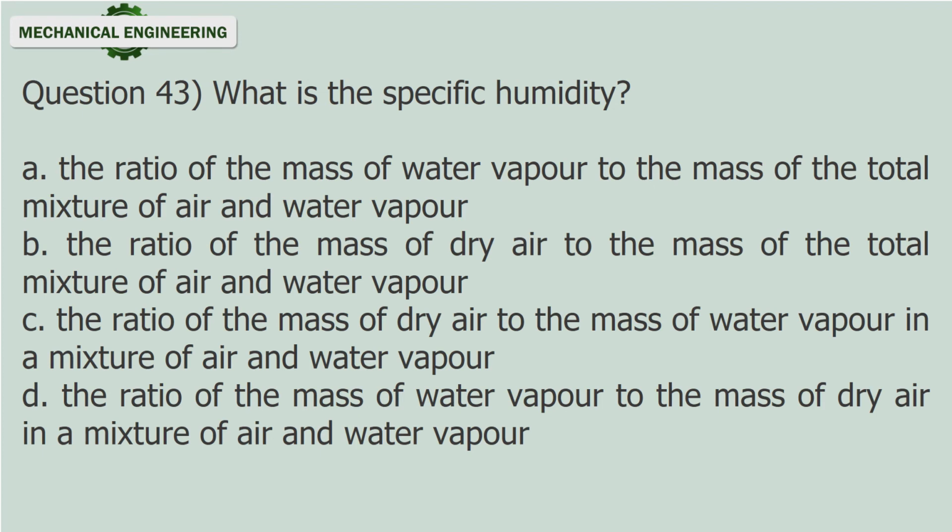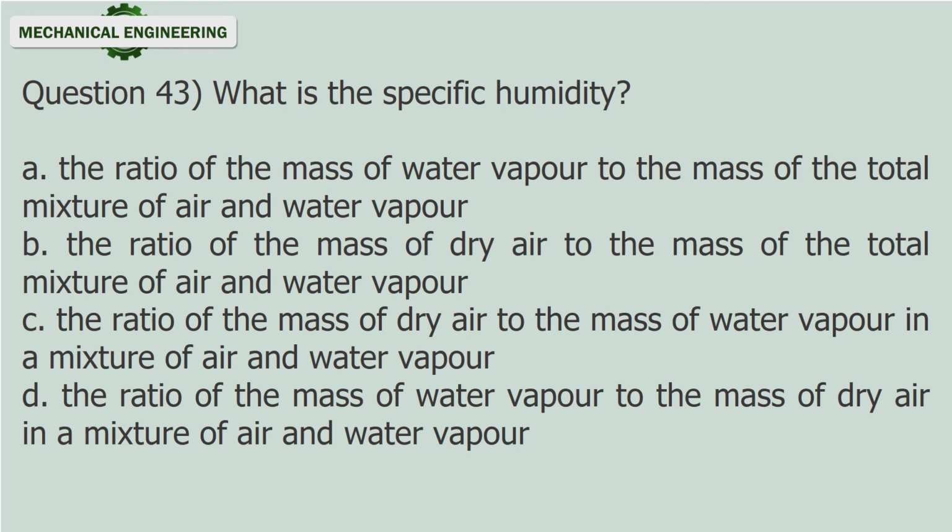Question 43. What is the specific humidity? A. The ratio of the mass of water vapor to the mass of the total mixture of air and water vapor. B. The ratio of the mass of dry air to the mass of the total mixture of air and water vapor. C. The ratio of the mass of dry air to the mass of water vapor in a mixture of air and water vapor.